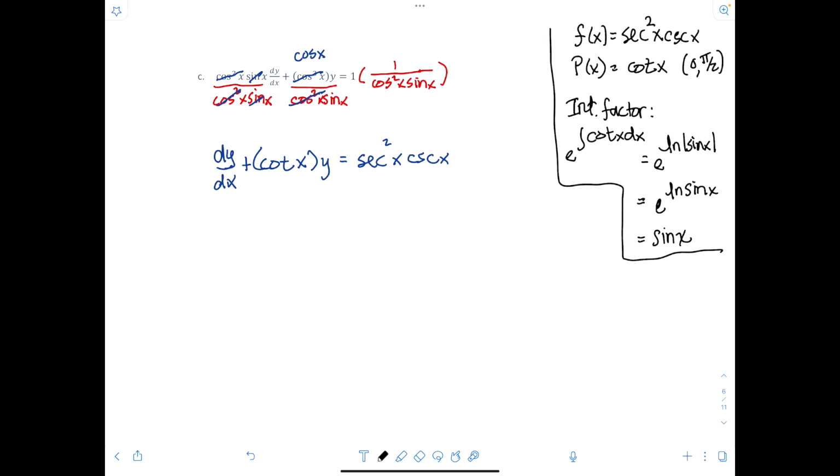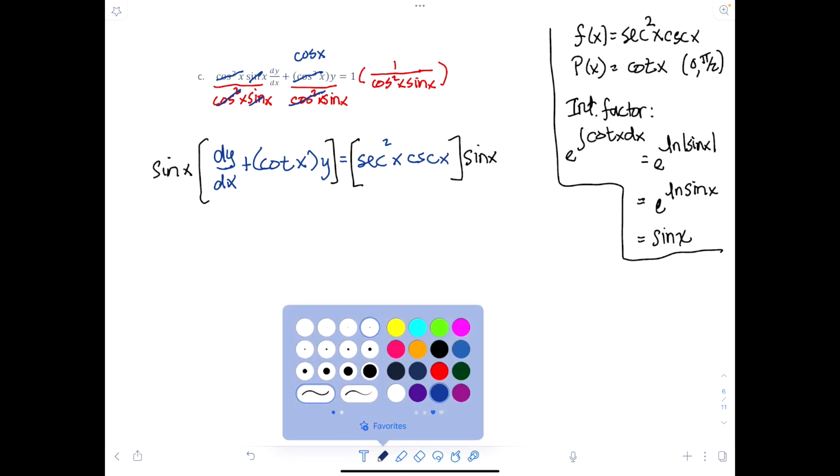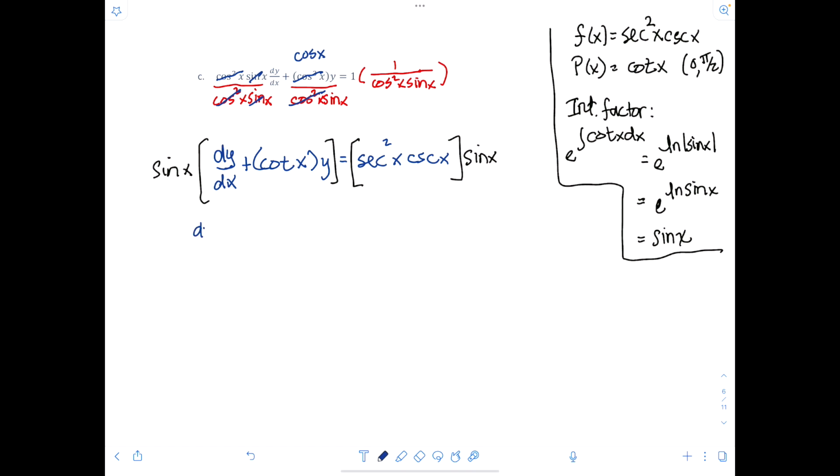Woohoo! Nice. So then, multiplying both sides by that integrating factor, sine of x, we will have sine of x times dy dx plus sine of x times cotangent of x, which is cosine of x over sine of x, times y.